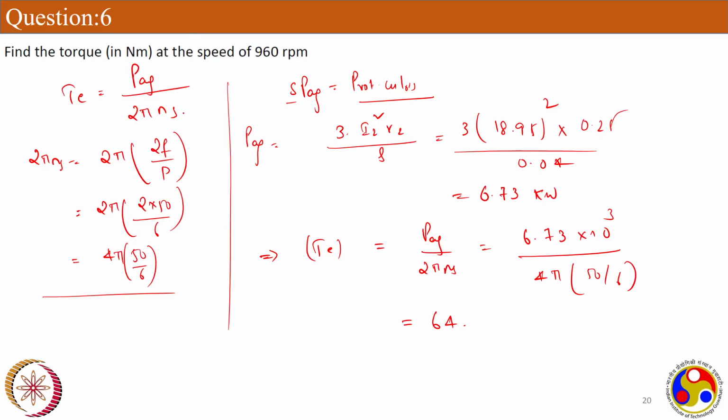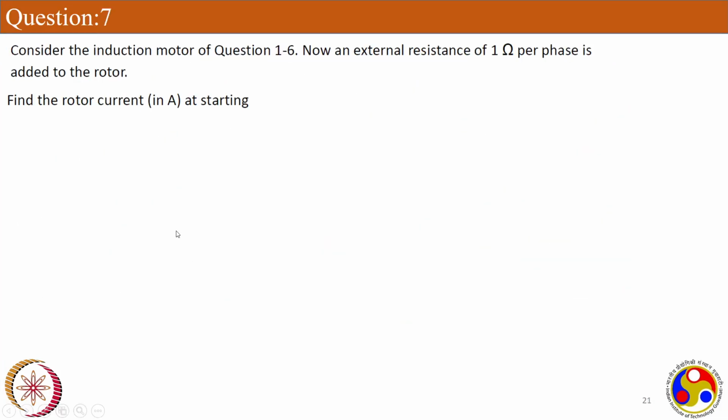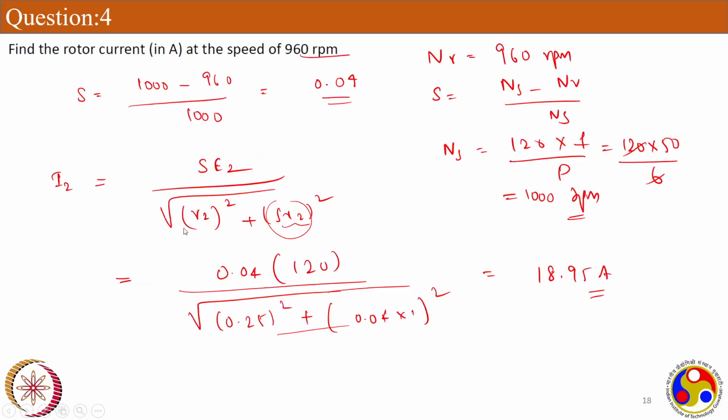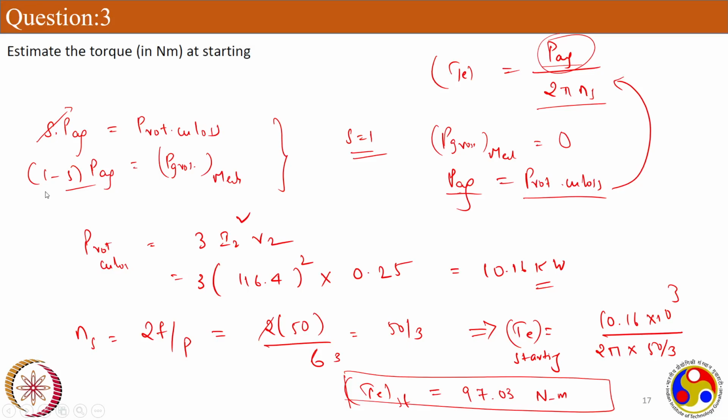Then it will become the mechanical power NR, 1 minus s into PAG. In the previous slide I have written it, right? 1 minus s into PAG will be the mechanical power.